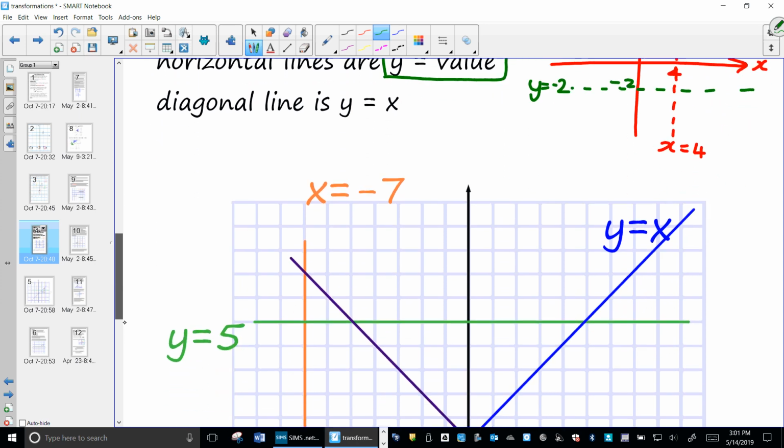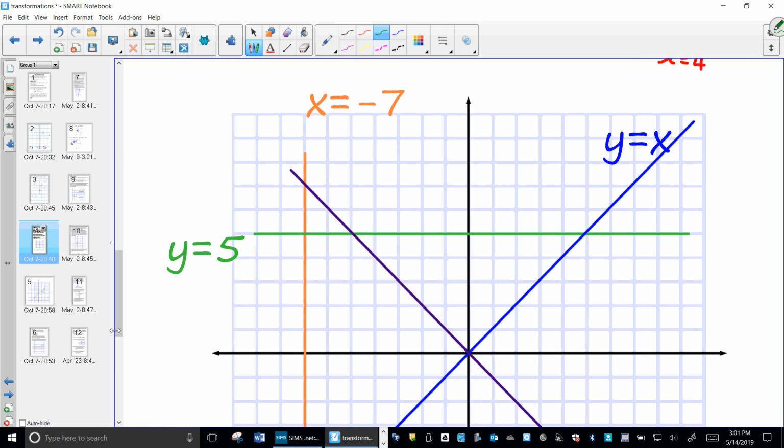Now, a diagonal line is the line y equals x. Sometimes people ask, why is it a diagonal line? Well, we remember that coordinates have x and y parts, don't they? So if I were to find the coordinate of this point here, that would be the coordinate 3, 3.